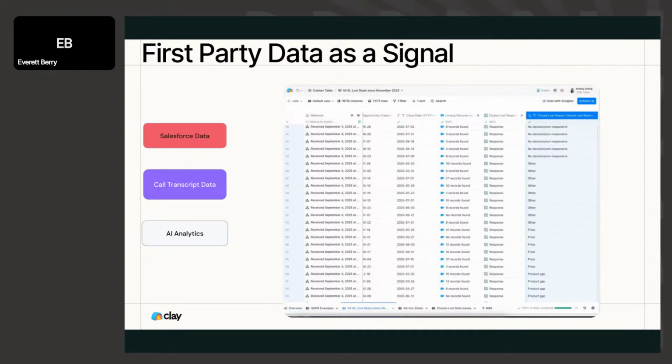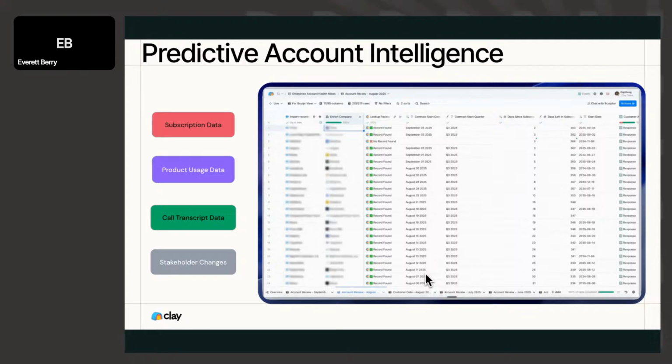Another great signal that we like to leverage is something like Gong data or call transcript data. Every time you're out there taking calls with prospects, you might be learning things as a company that are recorded in the transcript, but are not ever acted on by anyone else at the company. So we, for example, collect a lot of competitive intelligence about other sales intelligence tools and what people are doing with them.